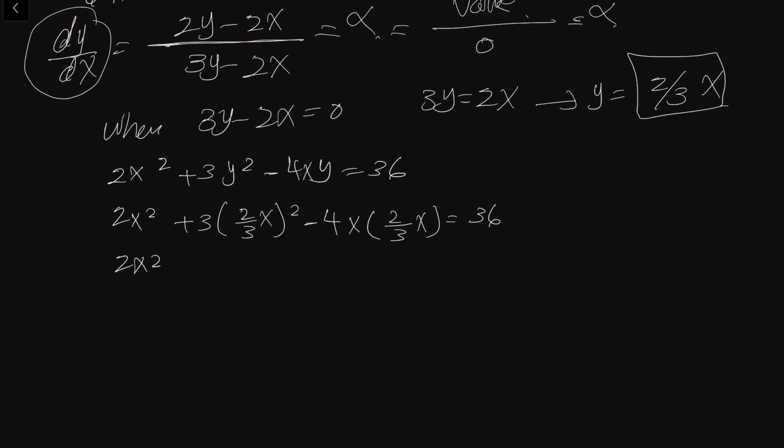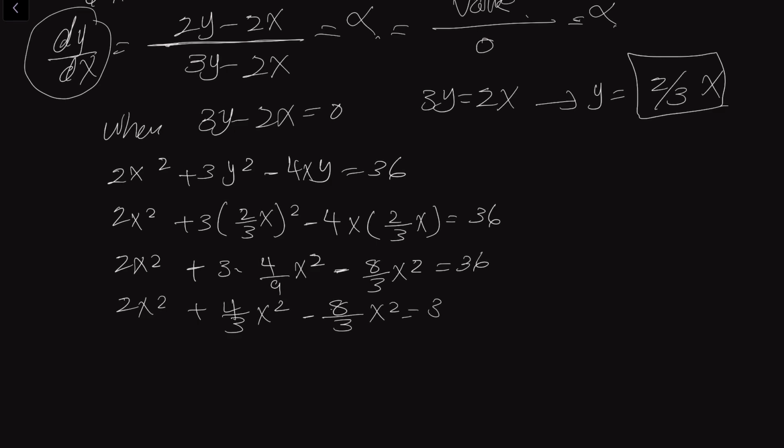So 2x squared plus 3 times 4 over 9 x squared minus 8 over 3 x squared equals 36. 2x squared plus 4 over 3 x squared minus 8 over 3 x squared equals 36.